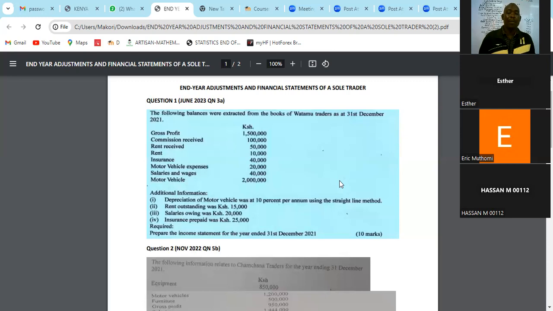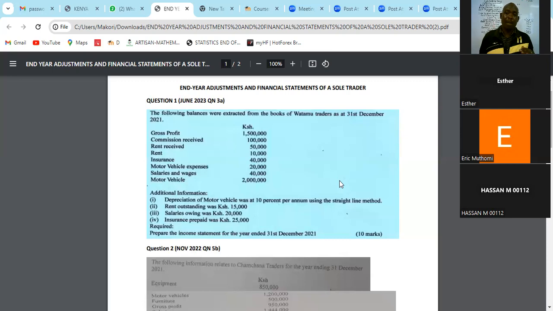Insurance prepaid. Prepayment, we said you have paid in excess. So we paid insurance of 40,000. In that 40,000, 25,000 was excess. It will be utilized the next year. So how much was the insurance expense for this year? You take 40,000, you minus 25,000. Accruals add, prepayment minus.